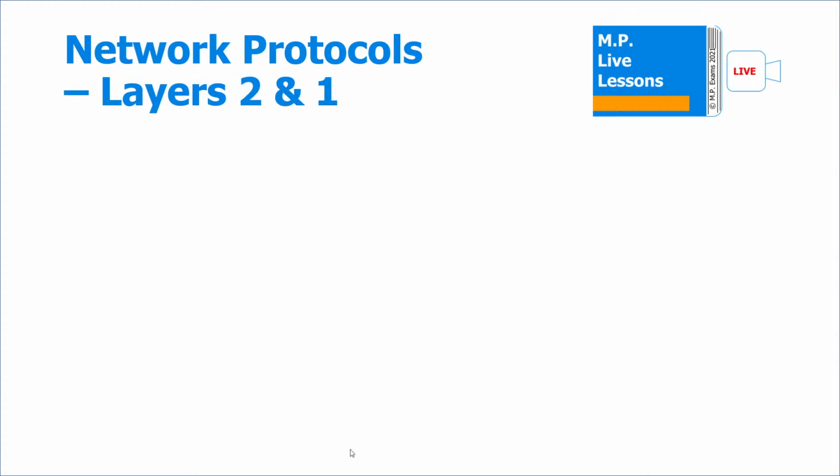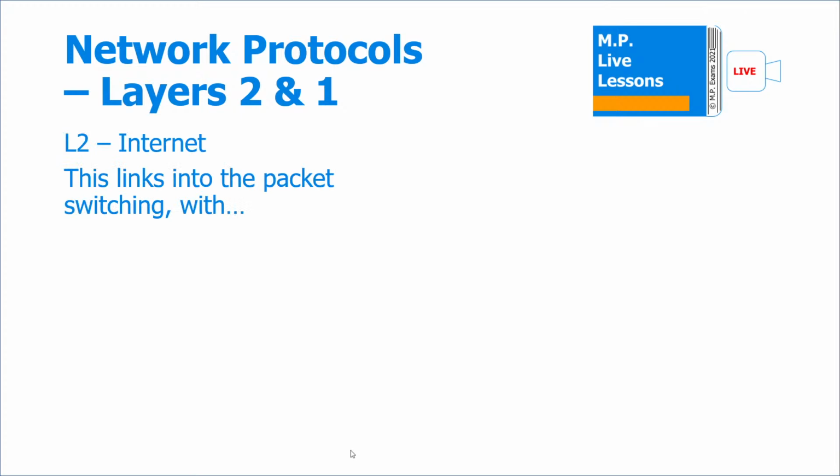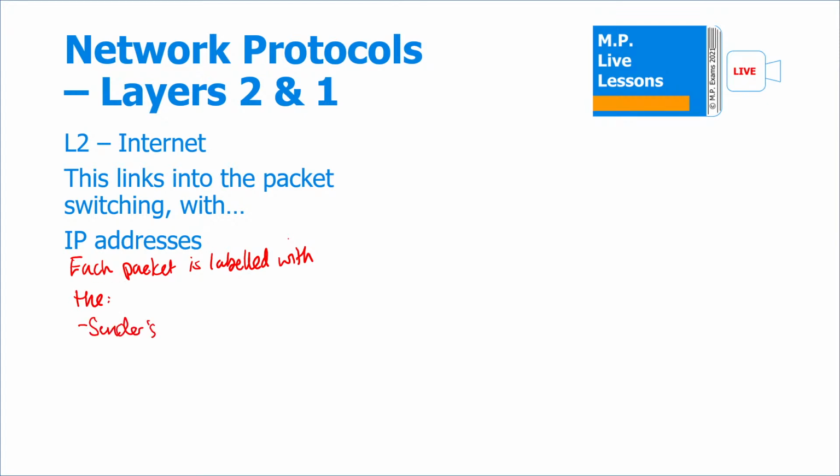The next two layers are layers 2 and 1. Layer 2 is the internet. This links into the packet switching with the IP addresses. So each packet is labeled with the sender's IP address and then the receiver's IP address.